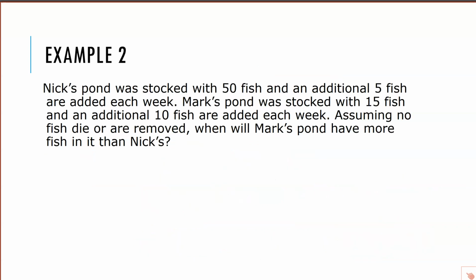So example number 2, we look at the question. When will Mark's pond have more fish in it than Nick's? So again, what two things are they talking about? They're talking about Mark's pond and Nick's pond.